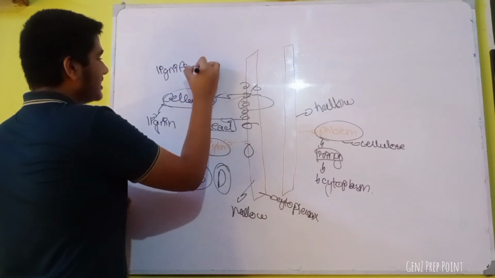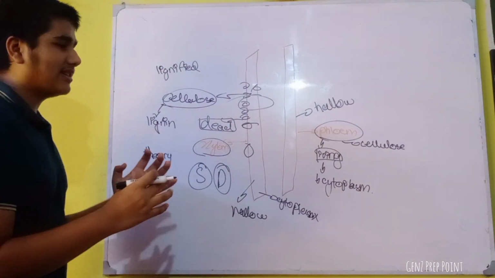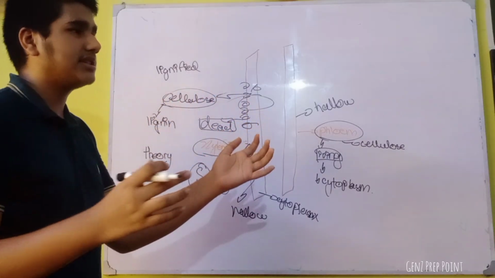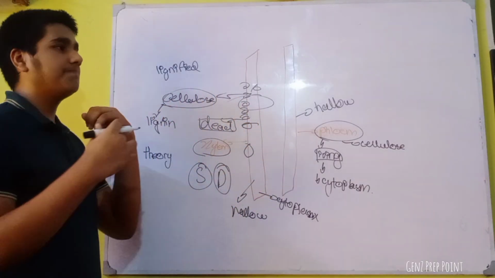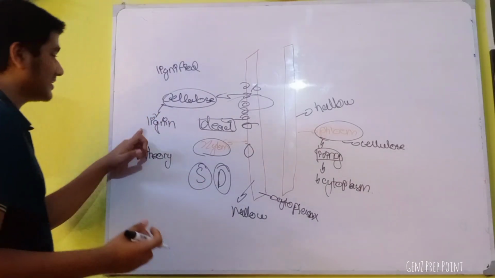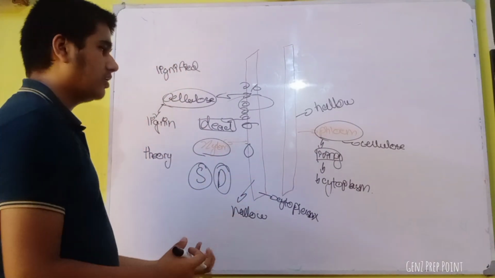So what's the difference with lignin or without lignin? Lignin is just like cement. Like in a house, cement is used to support and strengthen it. So it gives support and strength to the wall.